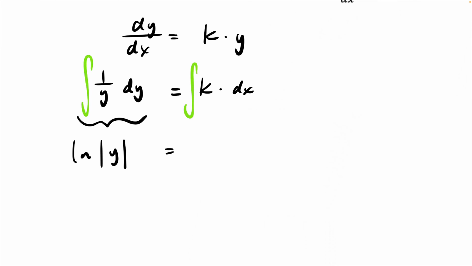And the antiderivative of k dx is kx, and then plus c. We don't have a point, so I have nothing to plug in for x and y. If we had a point, I'd plug it in.